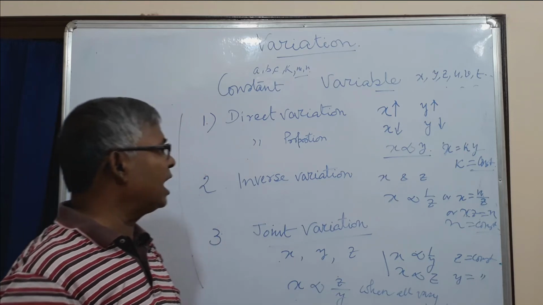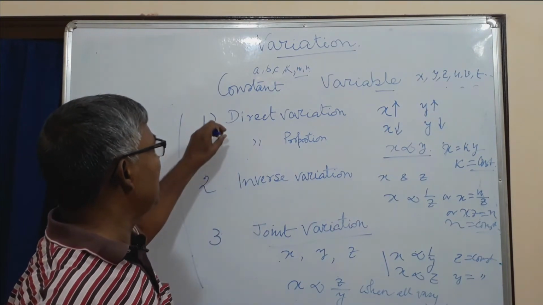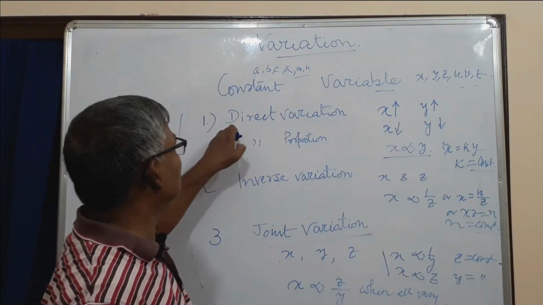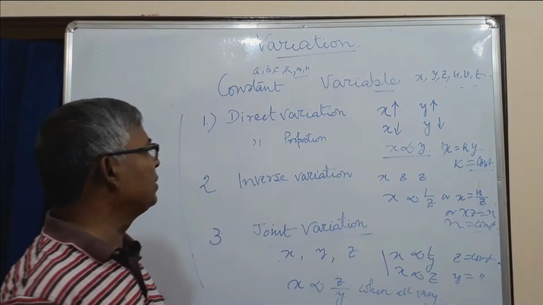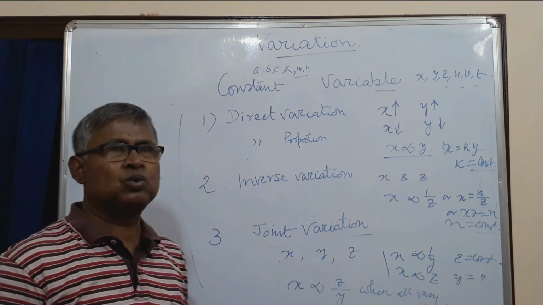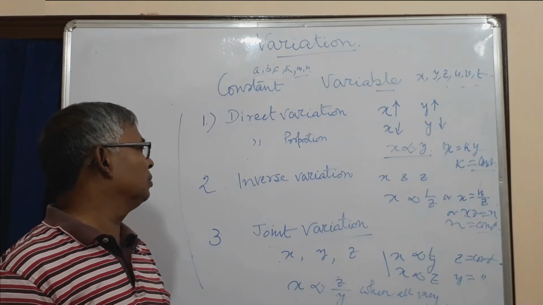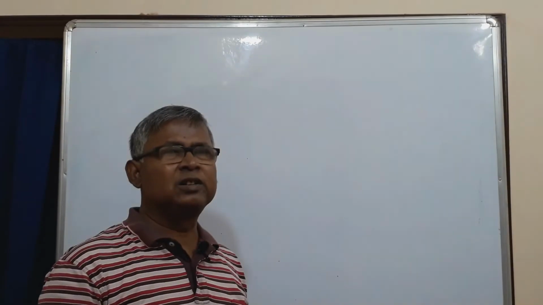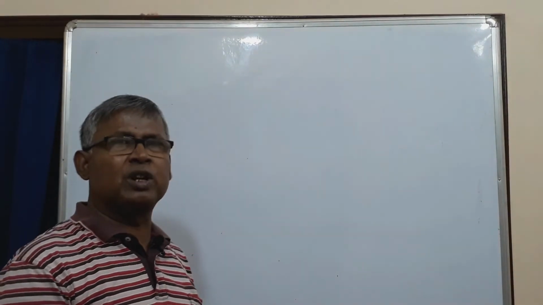So, I advise you to learn regarding direct variation, inverse variation and joint variation, and let us learn how to solve the mathematical problems of these three variations. Now let us see the application of direct variation or direct proportion.